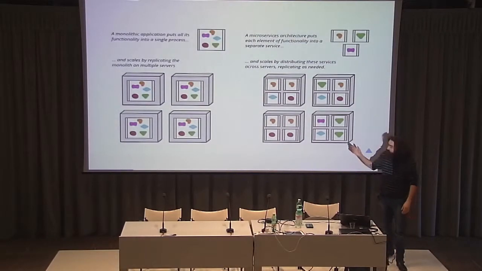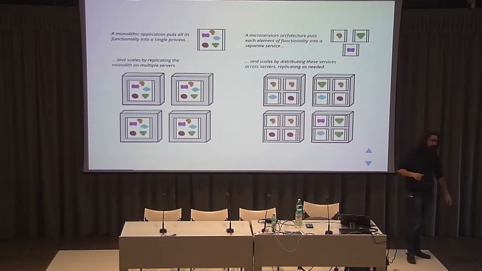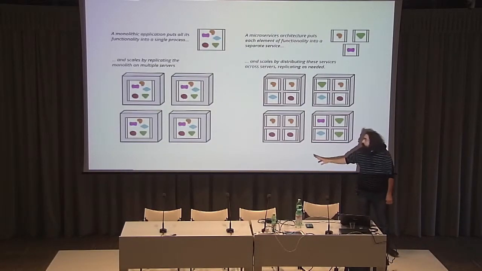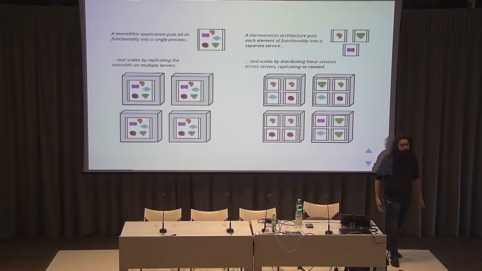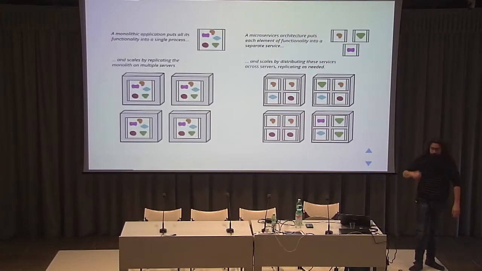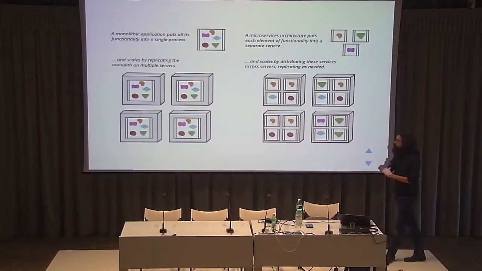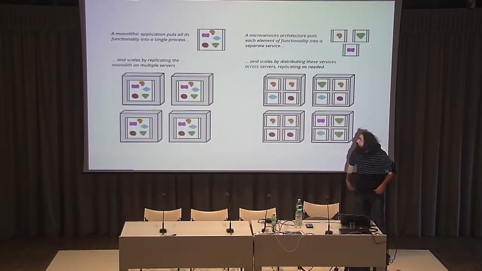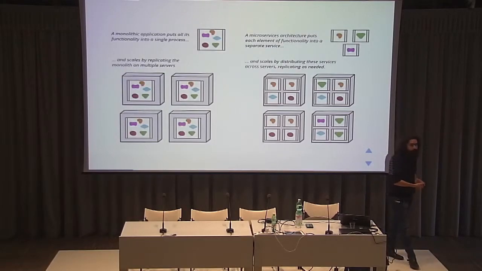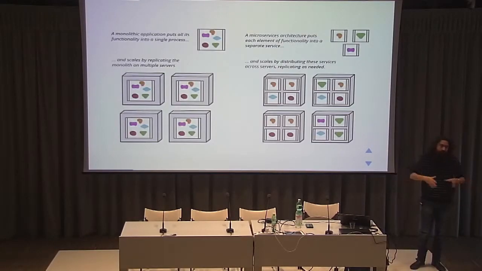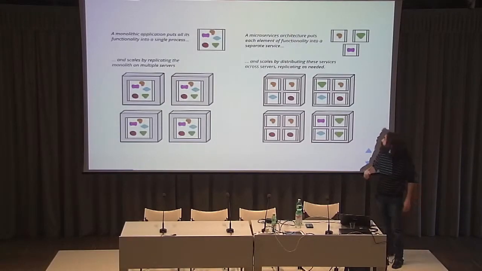And this is a very famous image for that by Martin Fowler. In my monolithic application, I have a box with everything inside. Different functionalities, different things, all together. If I want to scale this box, I have one choice. I need to clone the box many times, hoping that's enough.